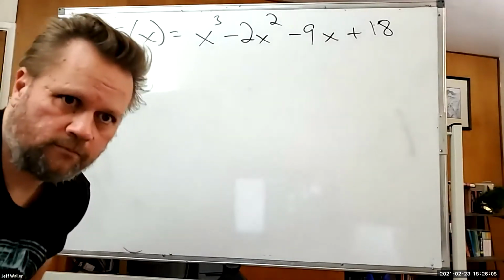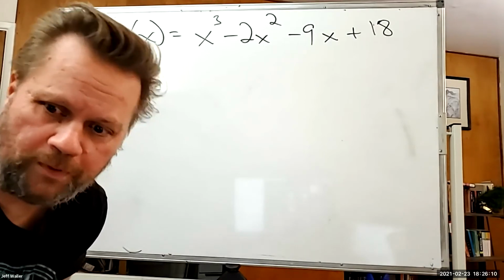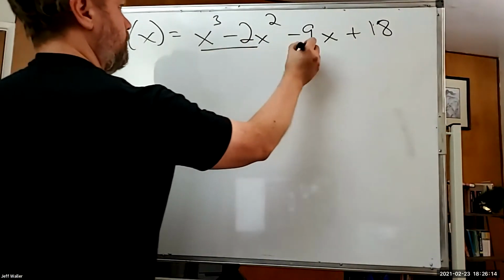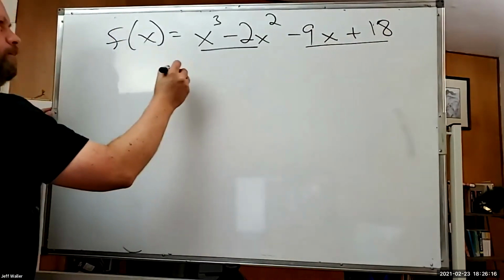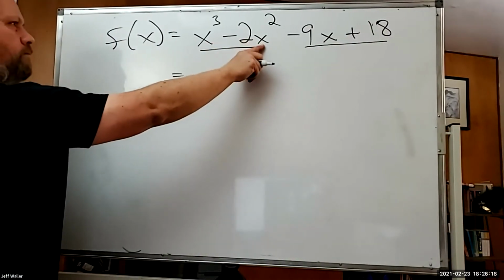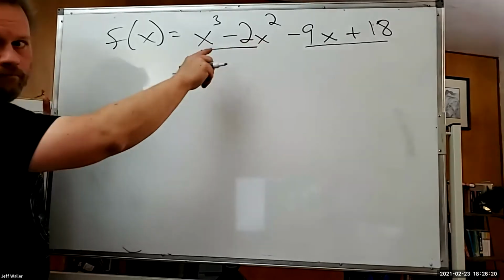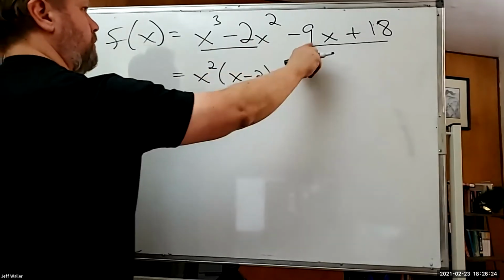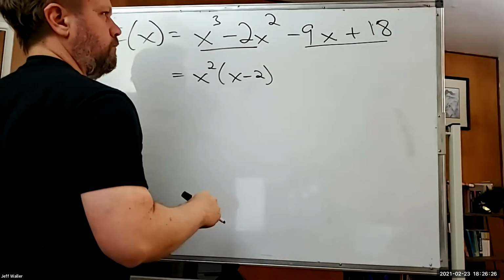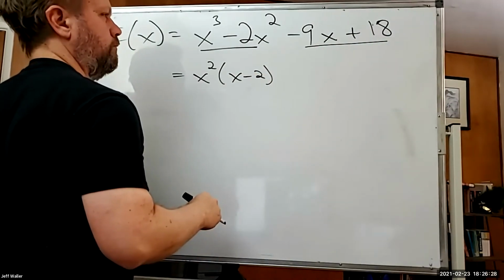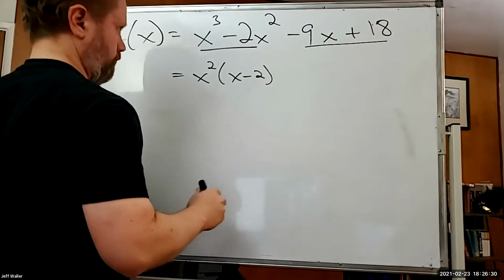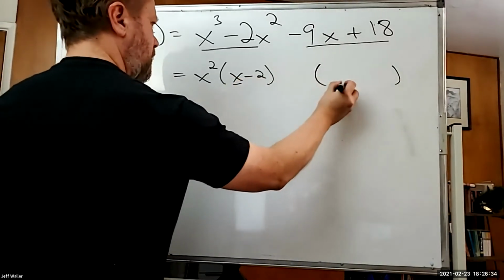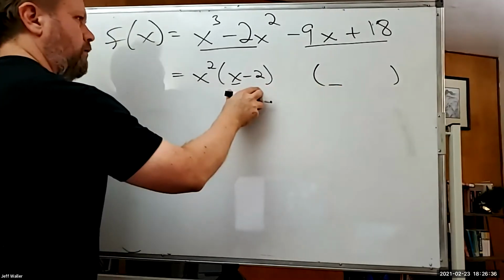Anybody? Grouping. Yes. So I group. What comes out of these two? X squared. What comes out of these two? 9. What kind of 9? Because I know that this has to be the same as this so that I'm able to take negative 9. Negative 9.